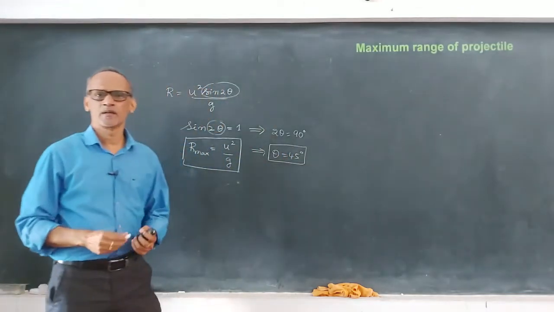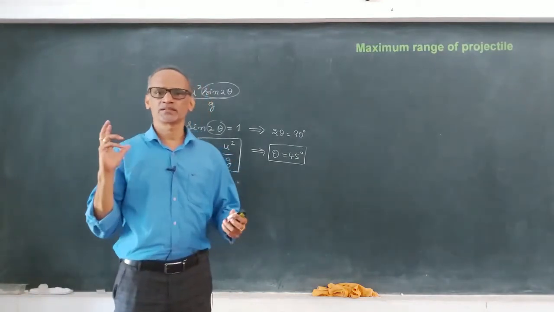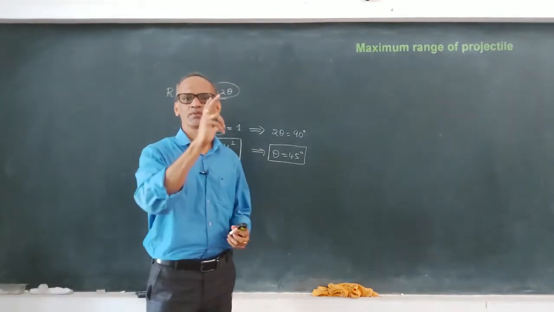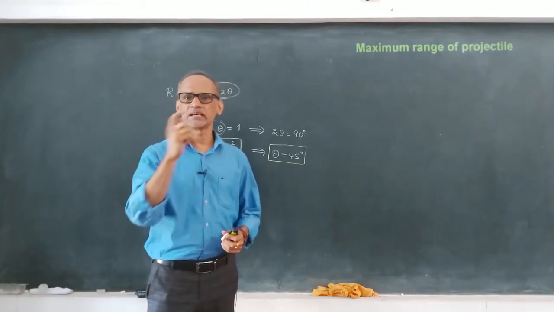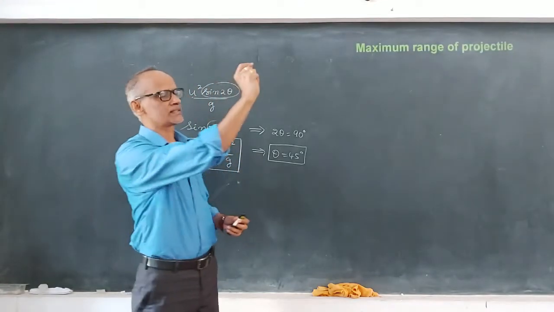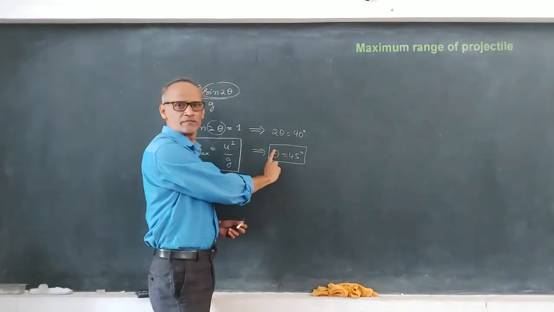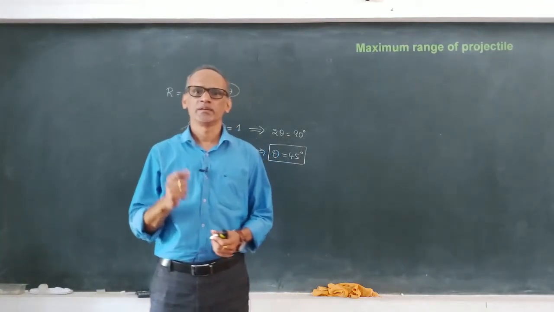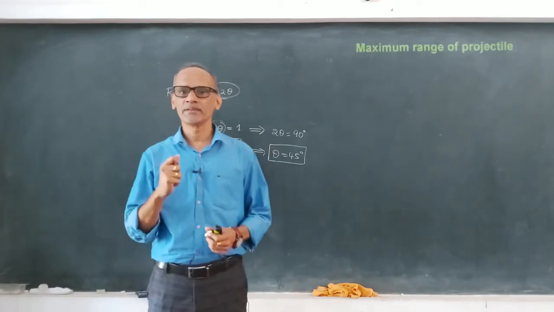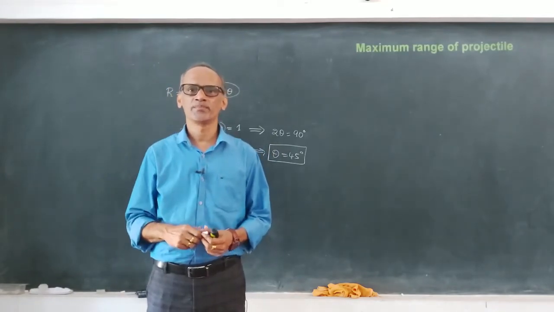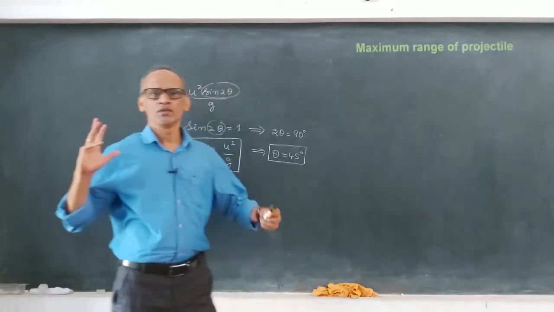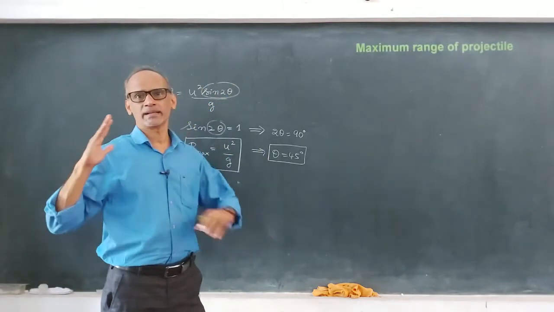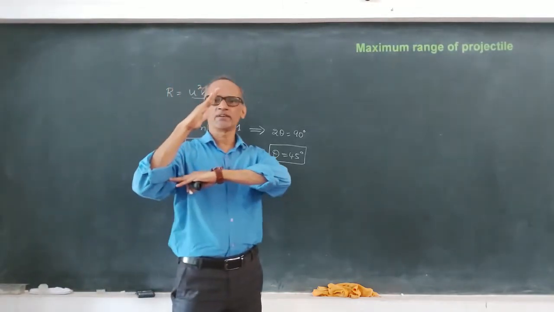That means, whenever you project a projectile, it can be a shot put or a discus or a javelin, you have to throw it at an angle of how much? 45 degree. So, those who are interested in participating in these kinds of events, this is one important point which you have to remember. Therefore, your hand movement should be at an angle of exactly 45 degree with the horizontal.